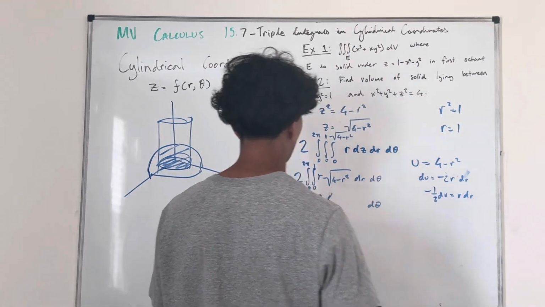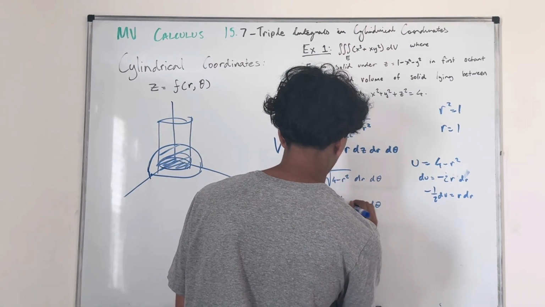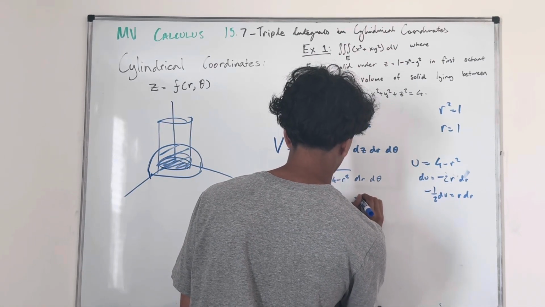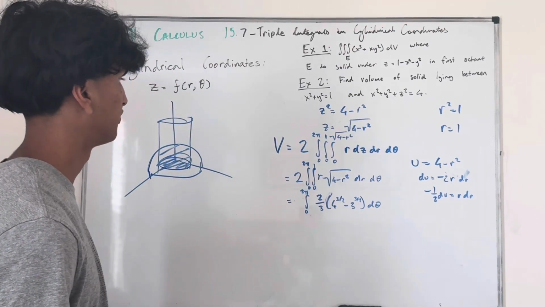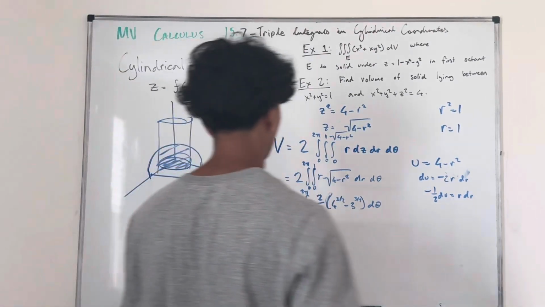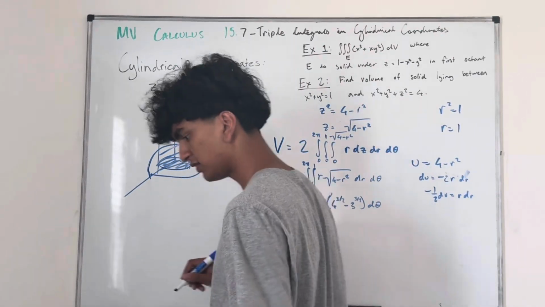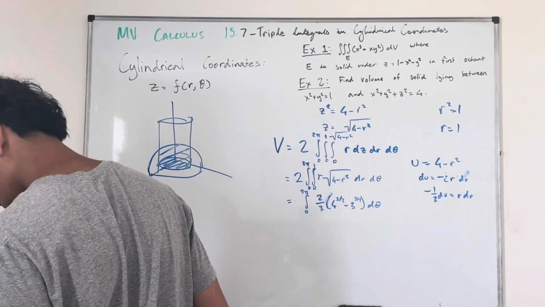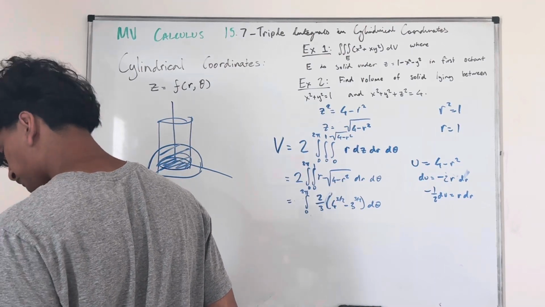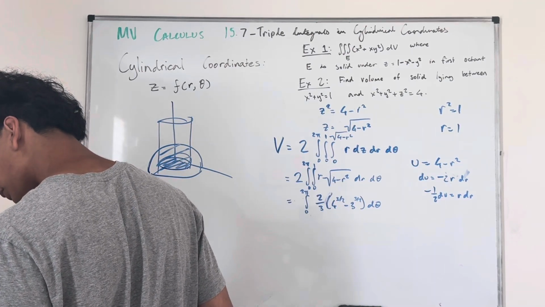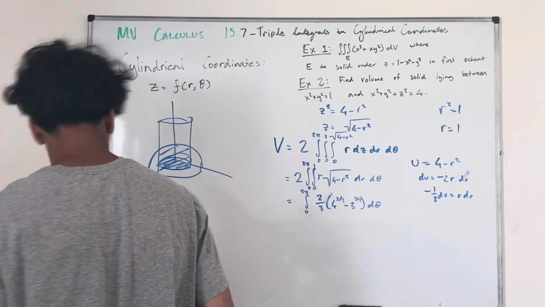When I do the fundamental theorem of calculus, it's going to be 4 to the 3/2 minus 3 to the 3/2. Yeah, I think this is right.